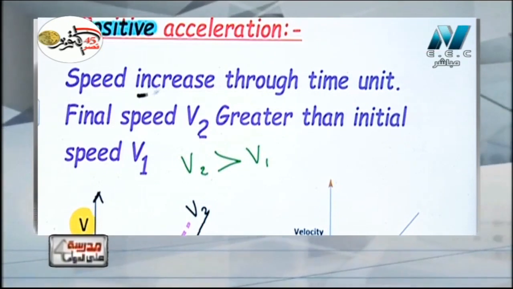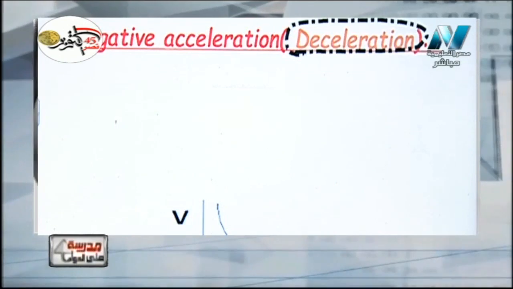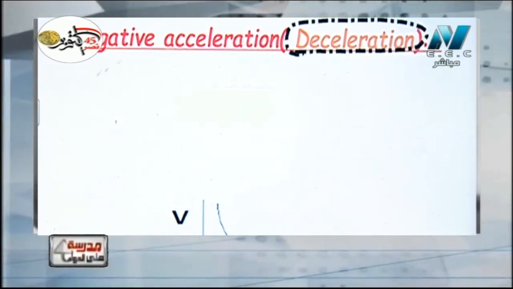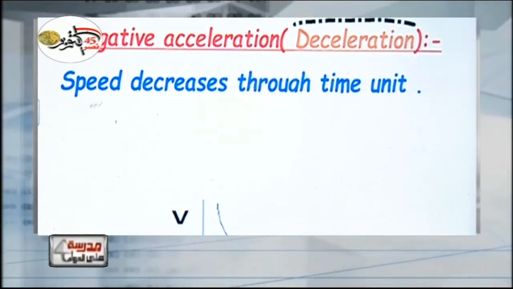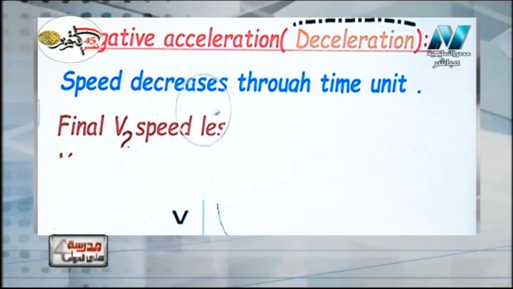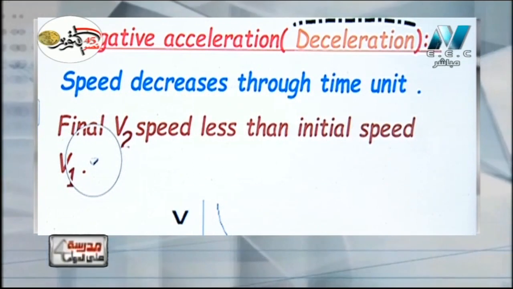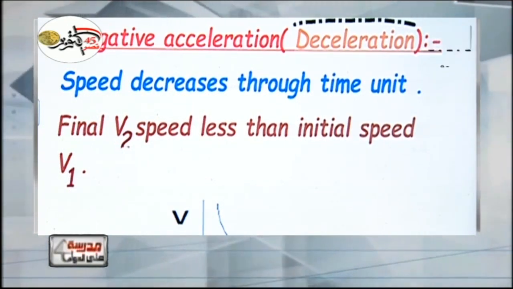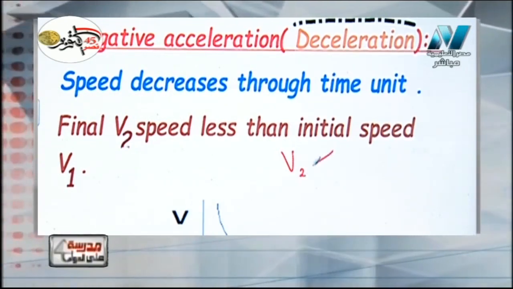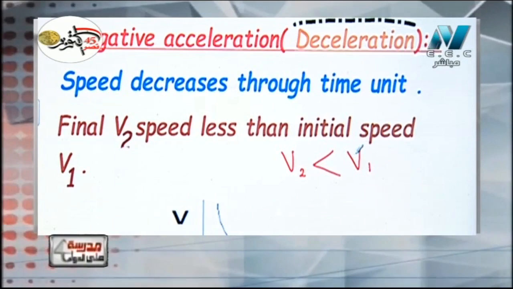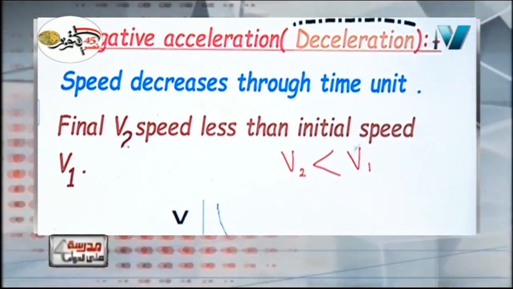In positive, the speed increases as time passes or through time units, but here we have the speed decreases through time units, which means the final speed is less than initial speed, as we have V2 less than V1. Or V1, as initial speed, is greater than final speed, which means the speed decreases with time.